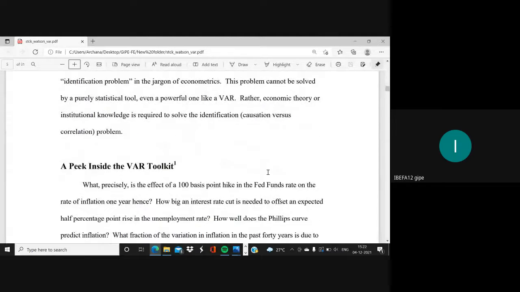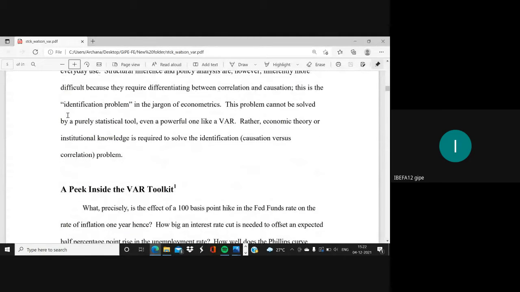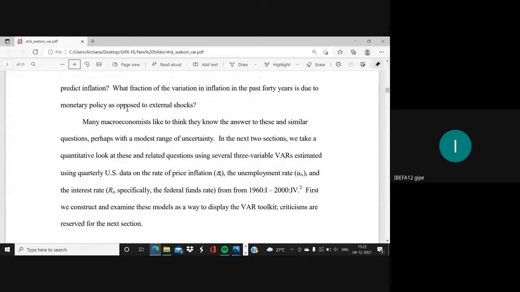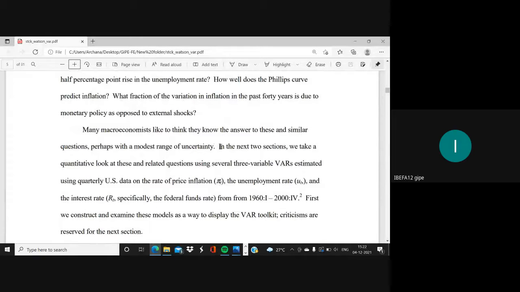Then if you look at this, they talk about the identification problem again. And let's see what is the particular model that they have used. So in the next two sections, we take a quantitative look at these and related questions using several 3-variable VARs estimated using quarterly US data.